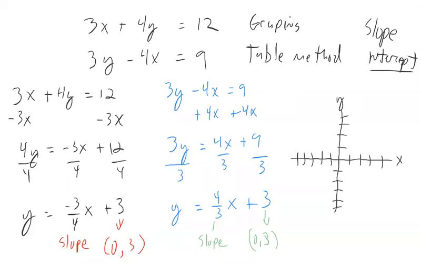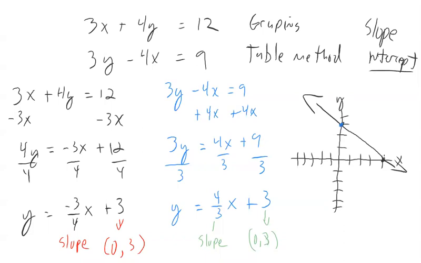So my first line, I start at 3. And it's -3/4. So I go down 3, 1, 2, 3. And I go to the right 4, 1, 2, 3, 4. And there's my first line. Now my second line, again, we start at 3.